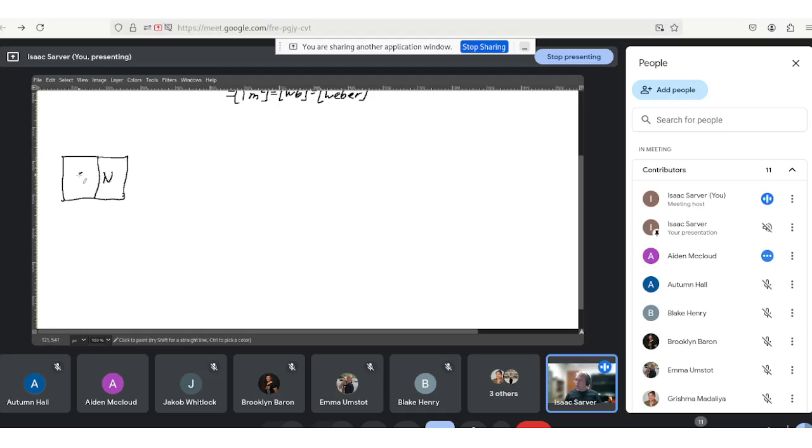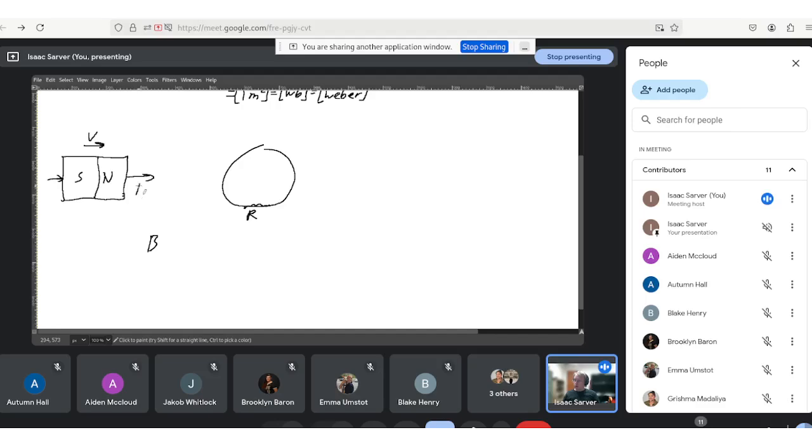Got a north here, a south here. Magnetic field comes in like this, goes into the south end like so, and approaches with some velocity. Some V goes there. So got a loop with some current in it, with a resistor. And so it's going to approach with some velocity.